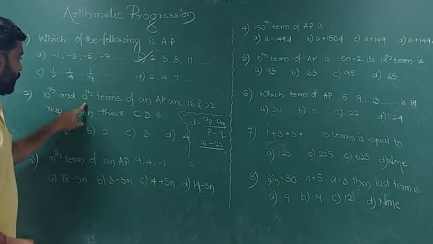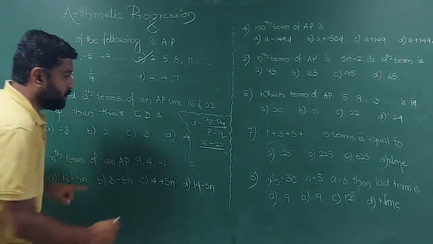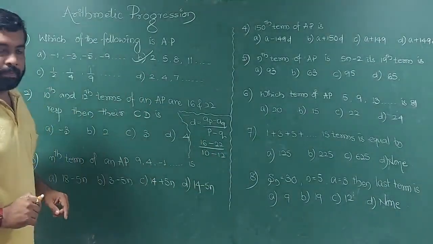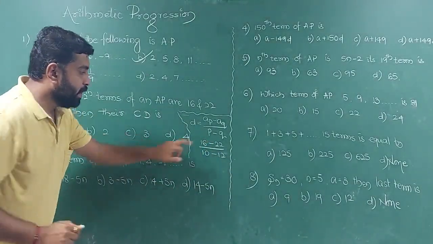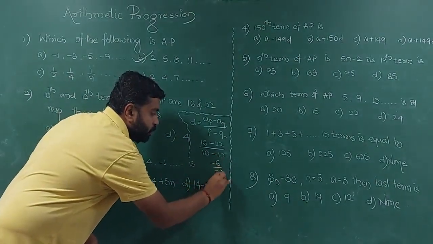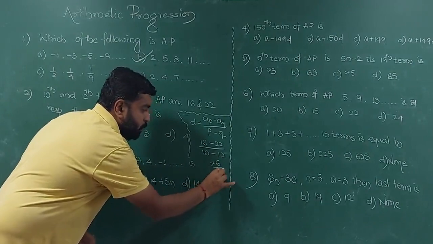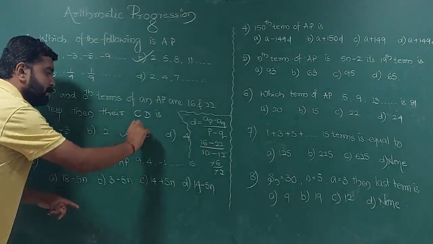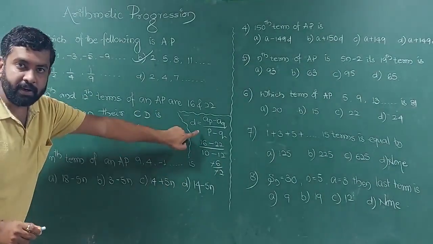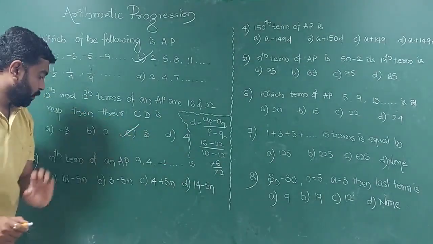This is 10th term and 12th term, 10 minus 12. Easiest way. Here I'll get minus 6 divided by minus 2. So negatives get cancelled. 2 3s are 6. C option is correct. So this is the easiest pattern. Remember the formula and you can solve.